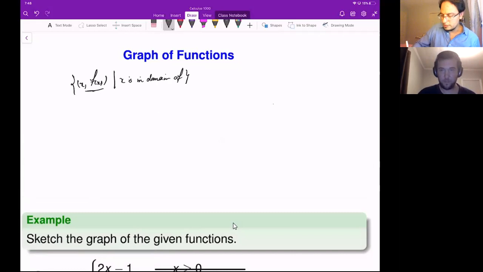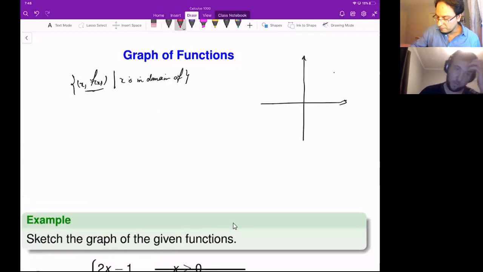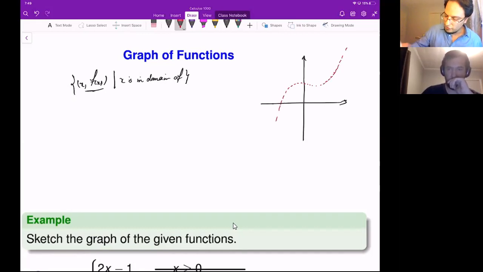These are points. If you have your Cartesian coordinates, you will find points, points, points. You add more points there, and if you have enough, this will look like a graph or curve. That's called the curve of the function.